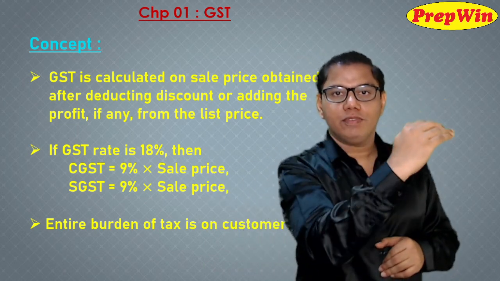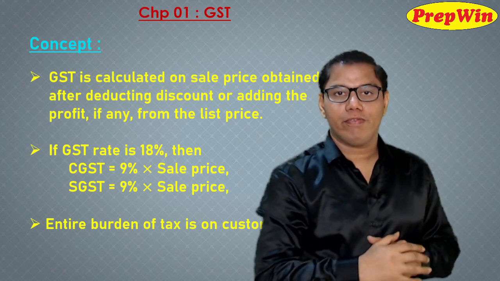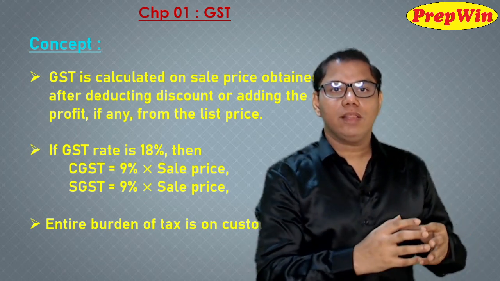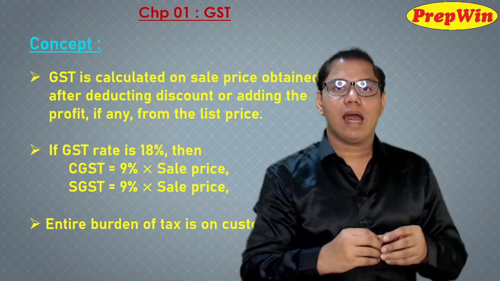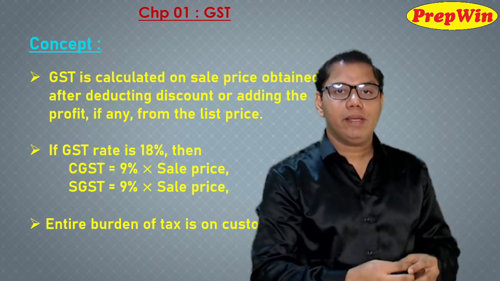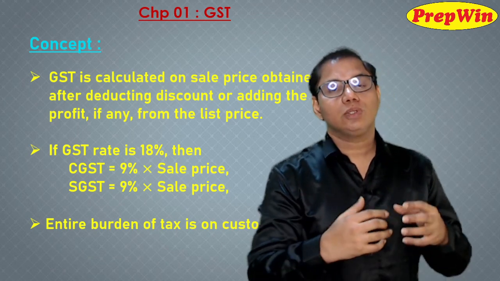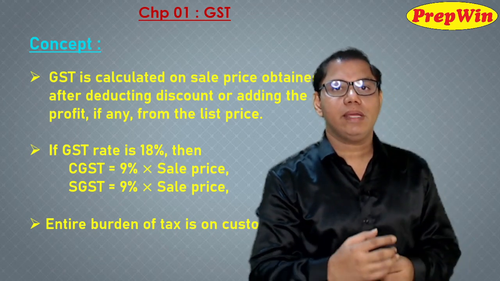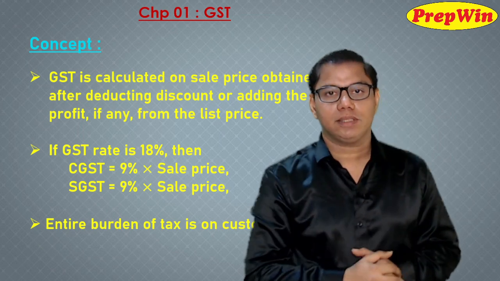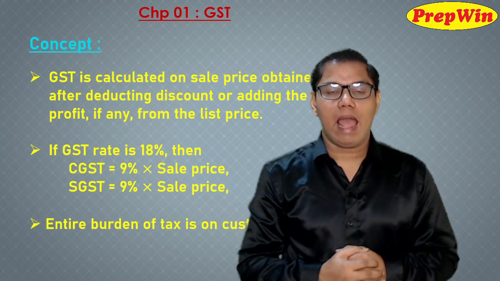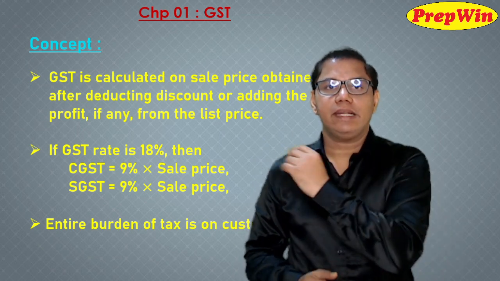The slab of GST is different for different products. It might be just 5% on the products which are used in our day-to-day life, or there can be certain products which are luxury items. On those items there can be a tax slab of 28% also. So let us take an example where the slab of GST is 18%.